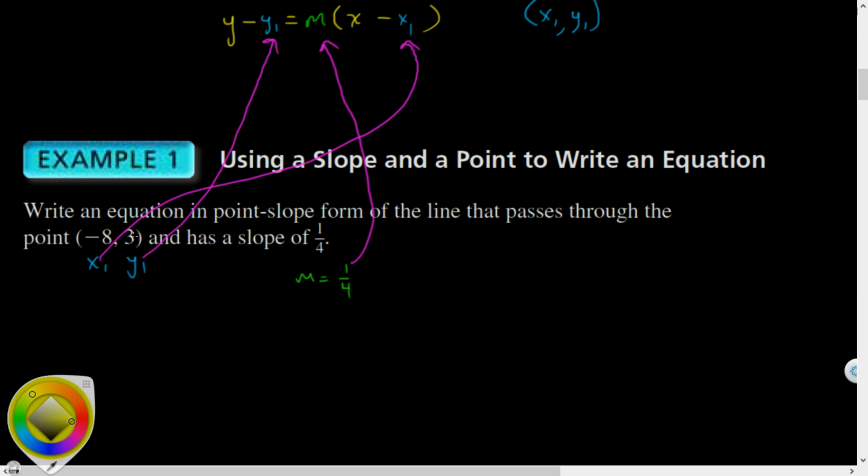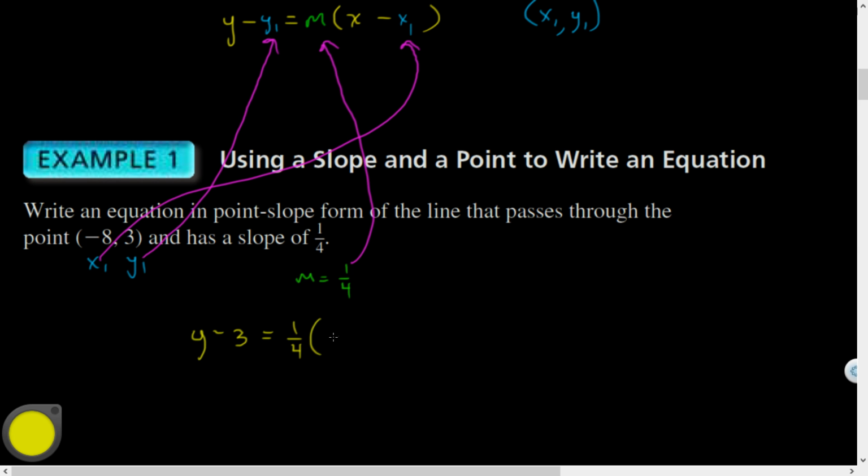So this will be y minus y1. y1 was 3, so y minus 3 equals m, so that's 1/4, parentheses x minus x1, and x1 was -8. So minus a -8 is the same as +8. So I'm going to write this as +8.